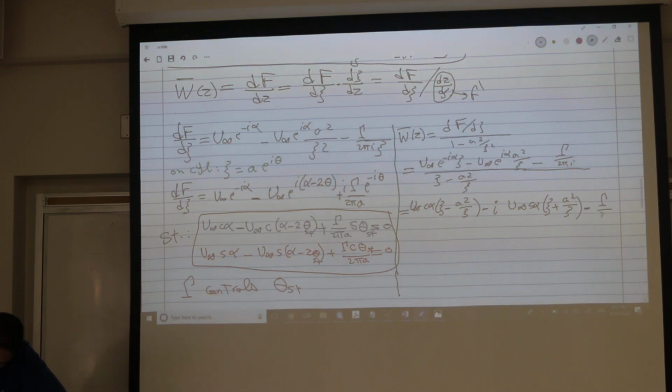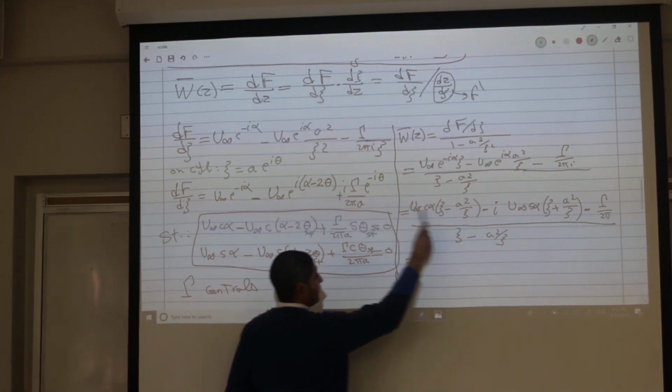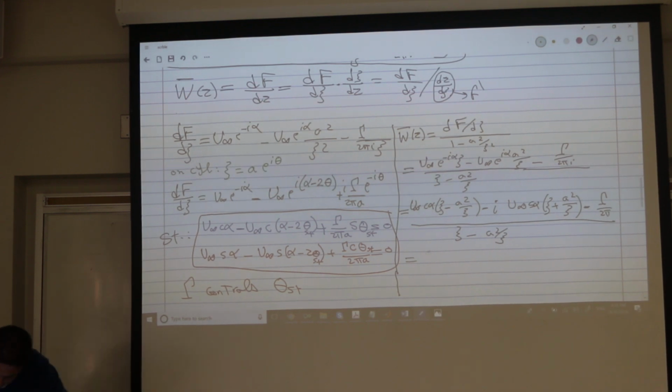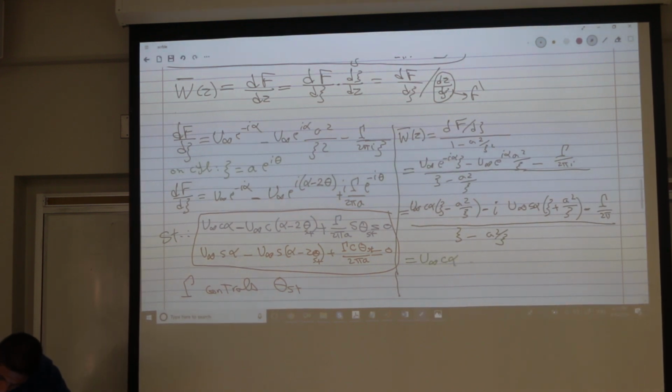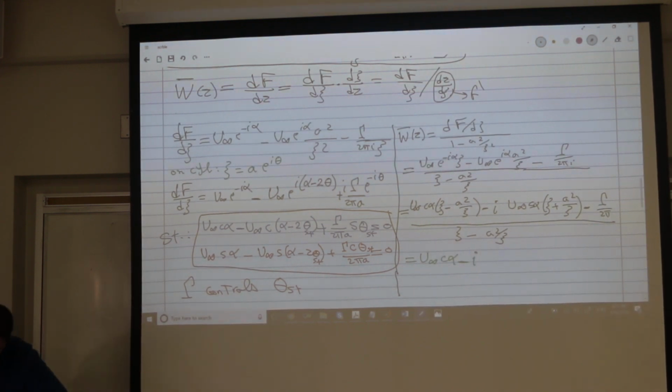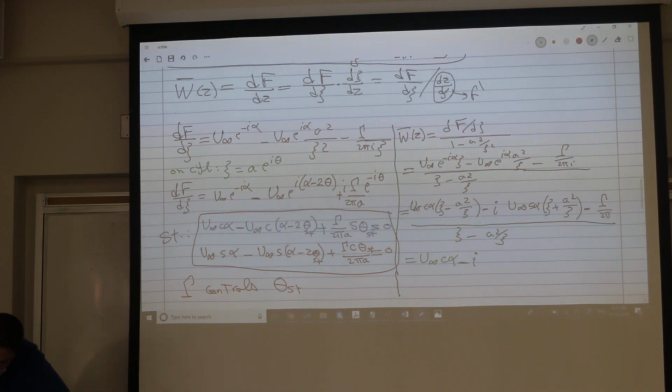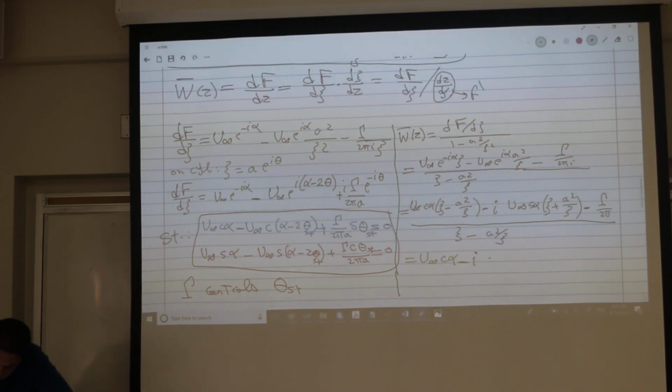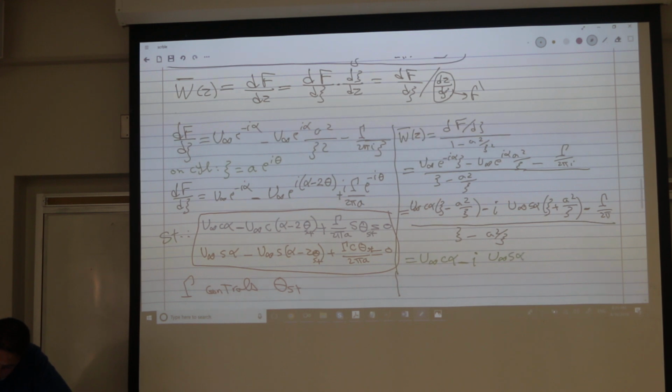Minus gamma over 2 pi. This is all divided by the same denominator. And you can see here immediately that these two guys go away for the first term. So I have u infinity cosine alpha minus, here is the imaginary part. So the real part is taken care of now.